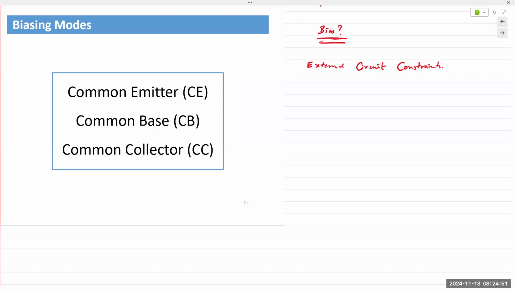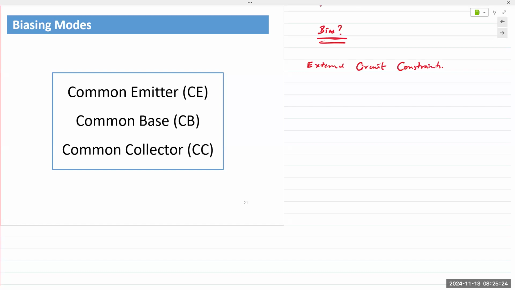What an op amp is doing, or what any amplifier is doing, is taking the AC input signal and combining it with the DC source that is present. That DC source is the biasing voltage. So in a biasing circuit, we are applying a DC source or DC energy, and then the amplifier circuit takes the AC signal, mixes it with the DC source, and then amplifies it.